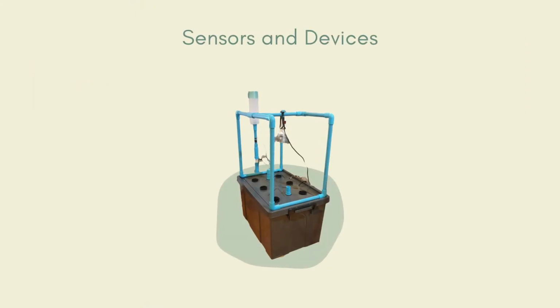Next is the hardware, the sensors and devices used in order to control and monitor the growing conditions of the plants in the farm.